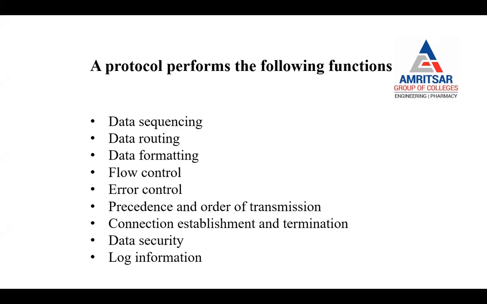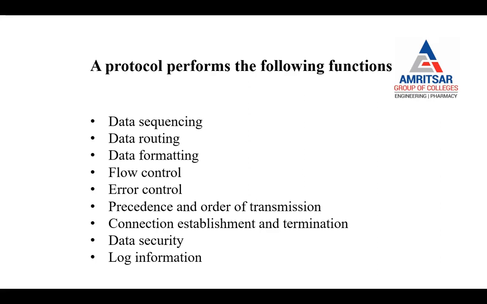Data sequencing rules define the method of numbering packets to detect loss or duplicate packets and to correctly identify packets which belong to the same message. If numbering is there, we can easily identify which packet we lost or which packet is duplicated, that is, the redundancy part.